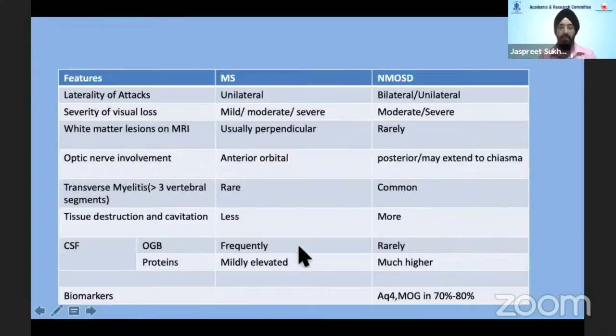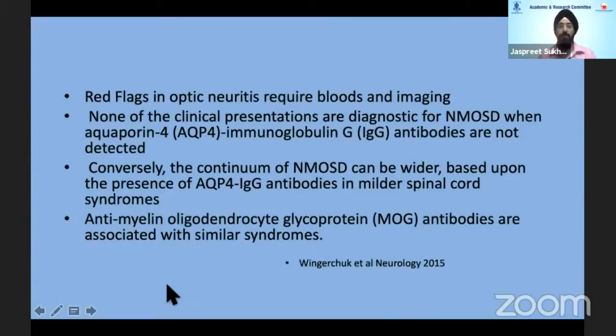And yes, with the evidence of biomarkers, things have started to change. The red flags in optic neuritis, which tell you what's going on and how aggressive your management should be, are based on bloods and imaging. None of the clinical presentations are diagnostic for the atypical variety of optic neuritis if the antibodies are not detected.